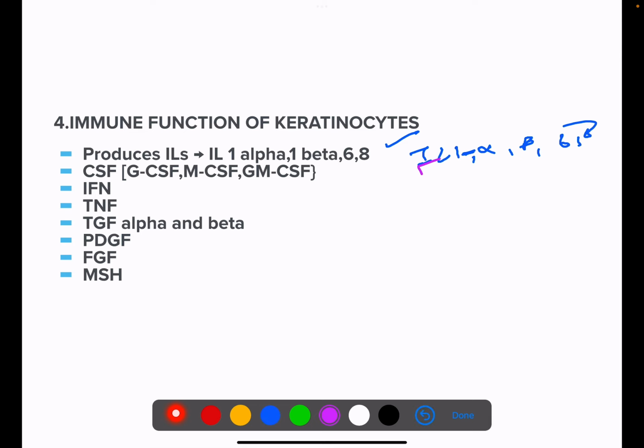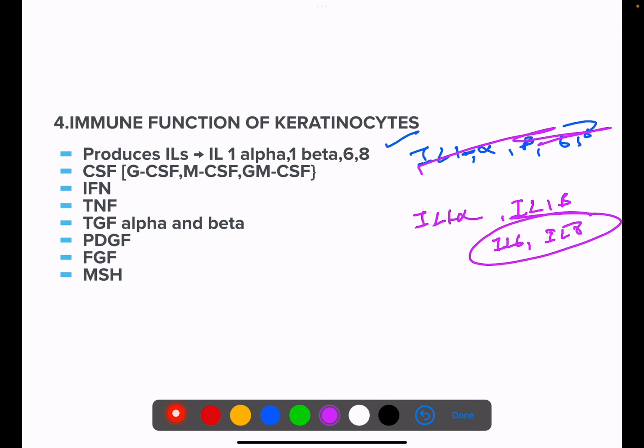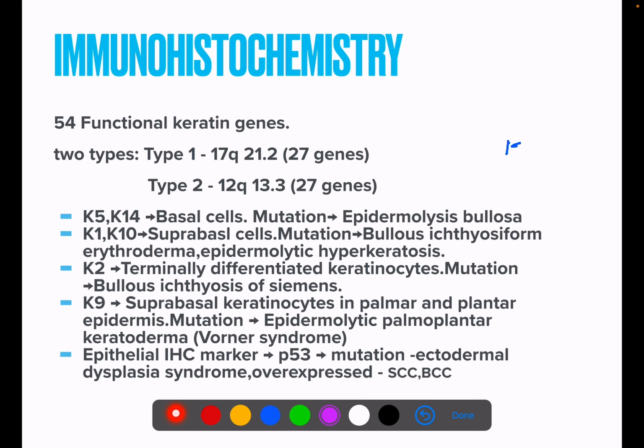Okay, let's erase this. Interleukin 1 alpha, interleukin 1 beta, interleukin 6 and interleukin 8. Then 1 alpha, 1 beta, and CSF, G and M CSF, interferon, TNF, TGF alpha beta, PDGF, FGF, MSH.